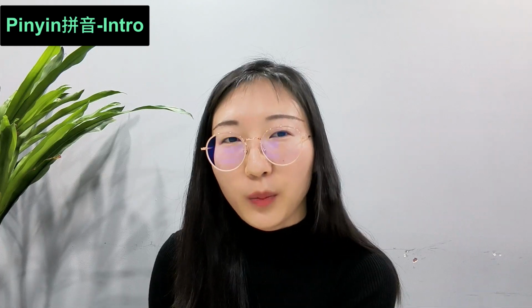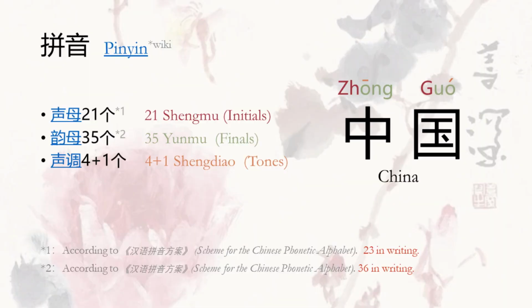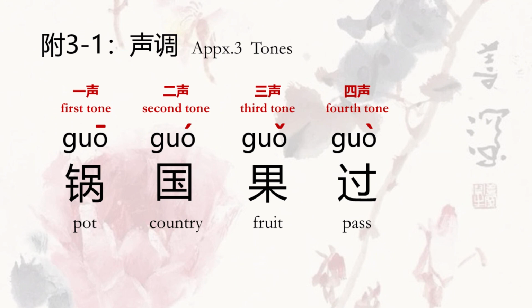There are 4 + 1 tones in Pinyin. As you can see, even with the same initials and finals, by adding different tones, the Pinyin sounds different, of course, but it can also be reflected in different characters.